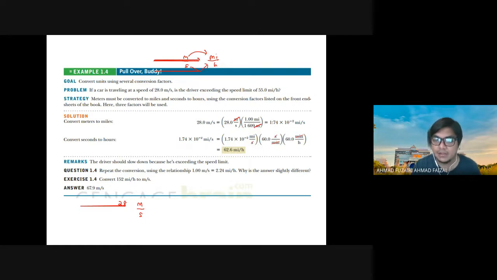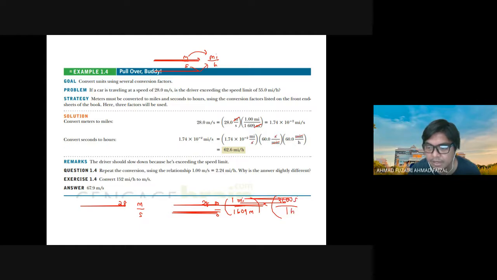For example, 28 meter per second times 1 mile over 1,609 meters. Remember the second is at the bottom of the equation, so you can put 1 second equals to how many hours, but the easiest one is 3,600 seconds equivalent to 1 hour.